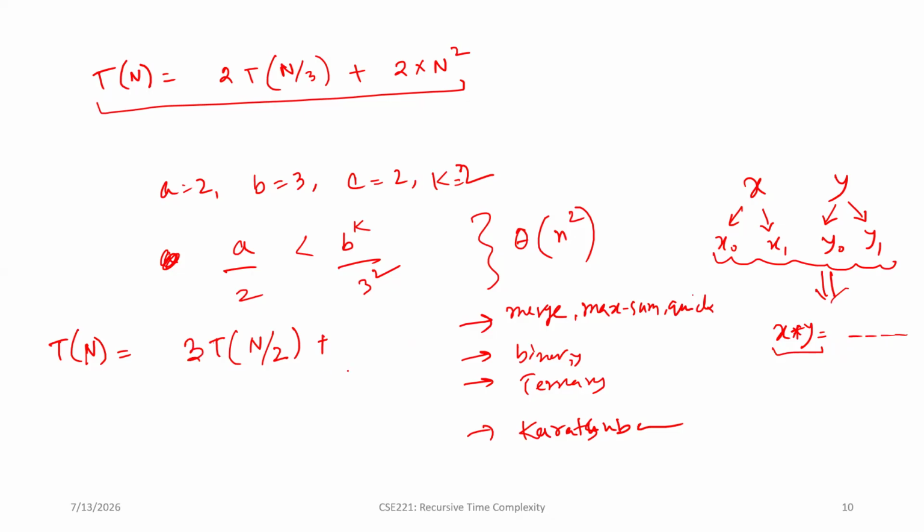So that's 3 recursion calls, plus the additions, shiftings, whatever work left, which is just constant. So that's the recurrence for Karatsuba multiplication, and you apply it here. I've told you before that Karatsuba multiplication has a time complexity of n to the power 1.58. So check whether it matches.